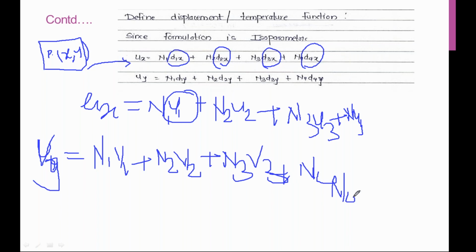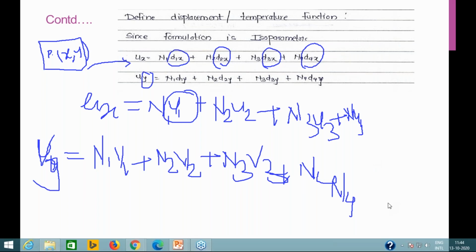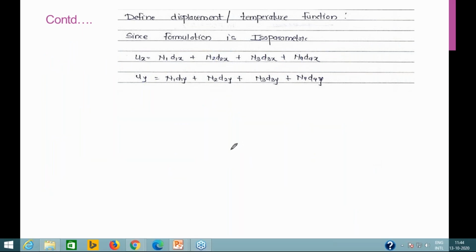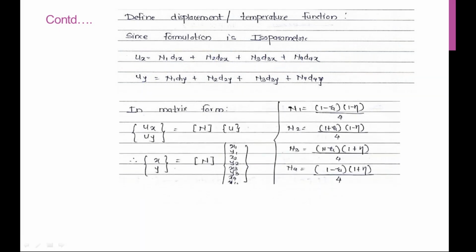Instead of u and v, I am using here d1x, d2x, d3x, d4x, that is the displacement in the x direction for nodes 1, 2, 3 and 4. Similarly, displacement in the y direction, n1 d1y plus n2 d2y plus n3 d3y plus n4 d4y. Okay, because the shape function is itself the interpolation function.